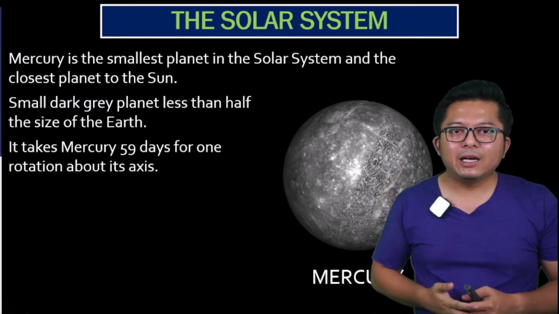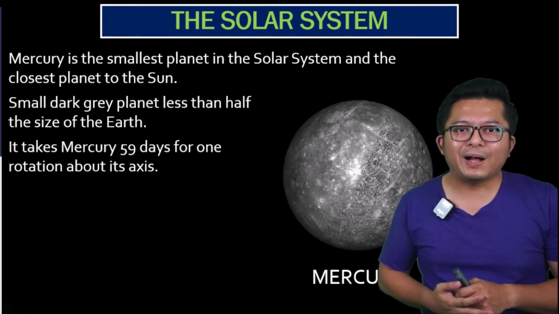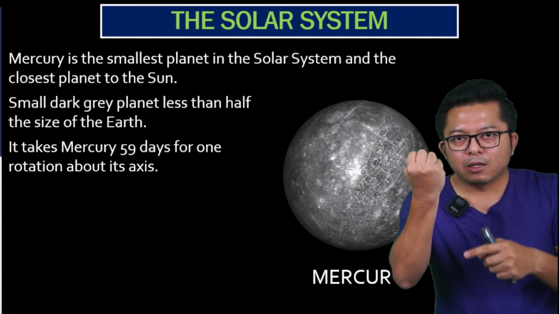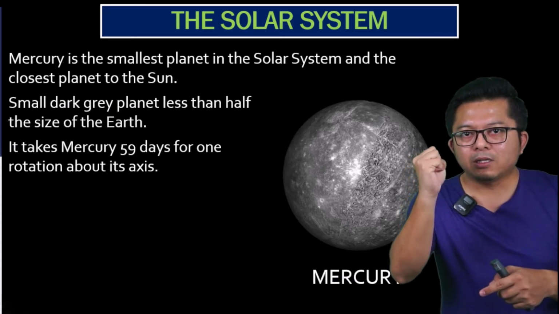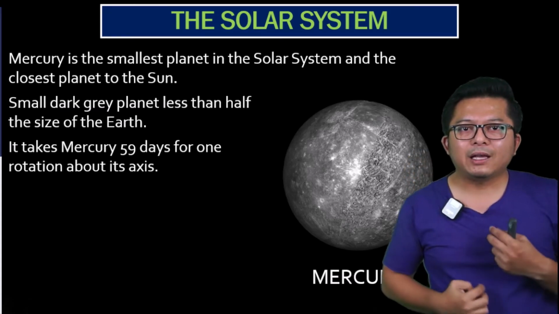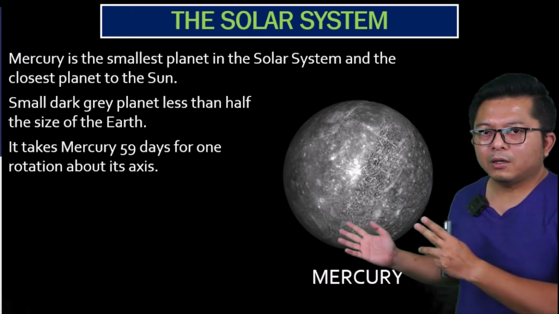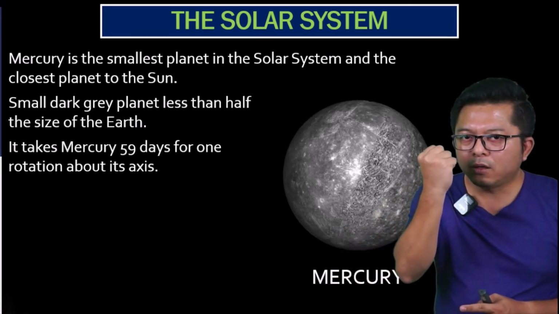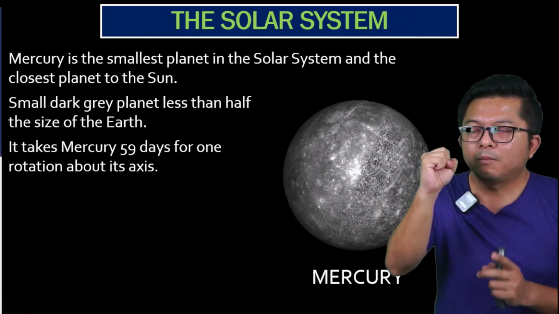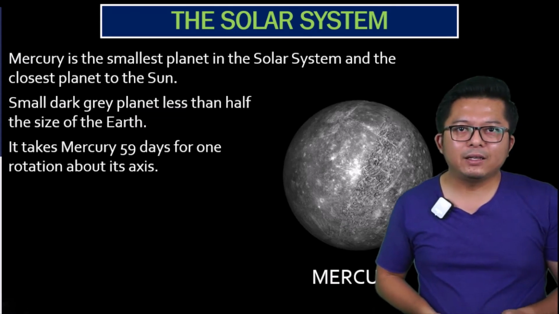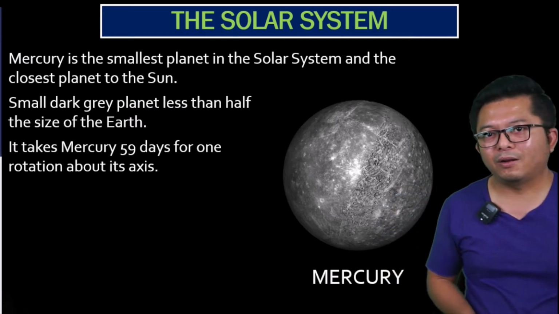For us on Earth, it takes 24 hours, one turn around. This is the Earth. To turn like this, day and night, the Earth takes 24 hours. For Mercury, it's different. One turn of Mercury around its axis takes 59 days, and it is very long.